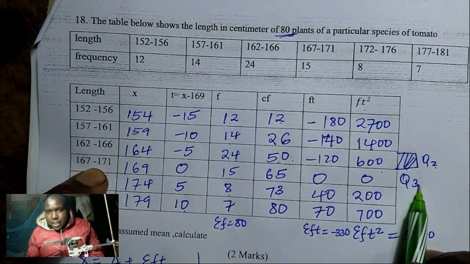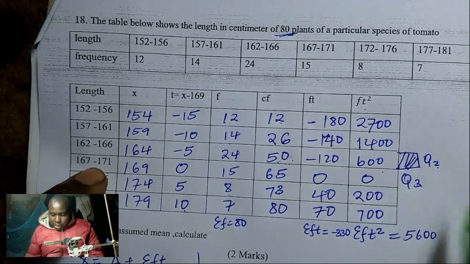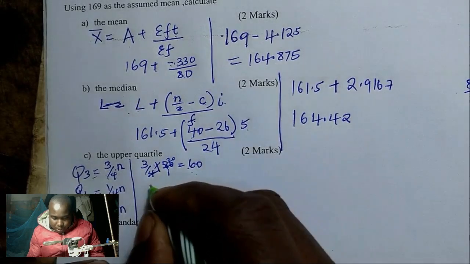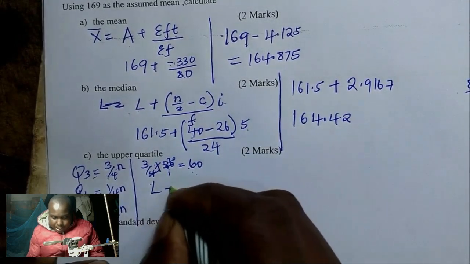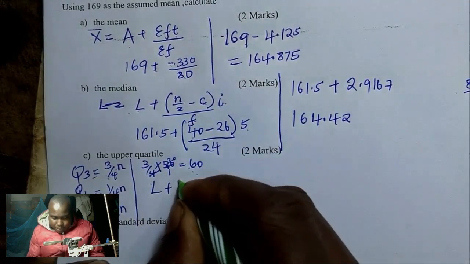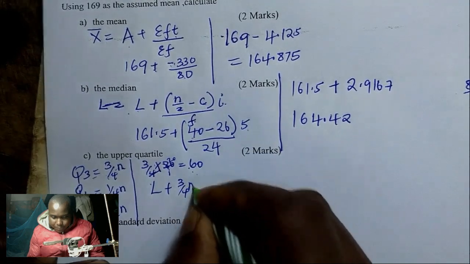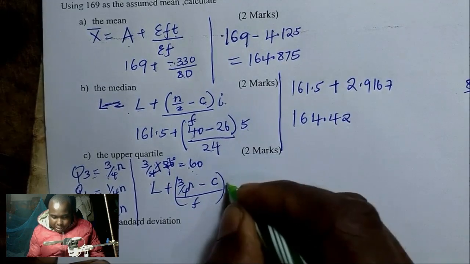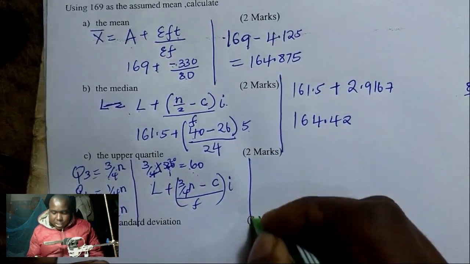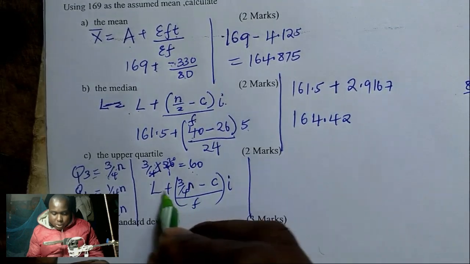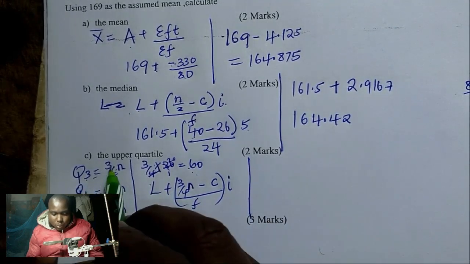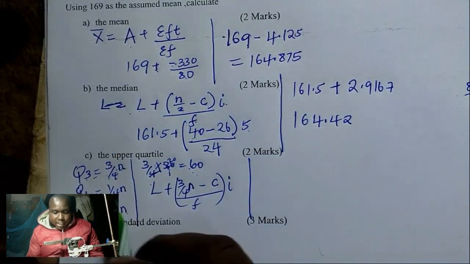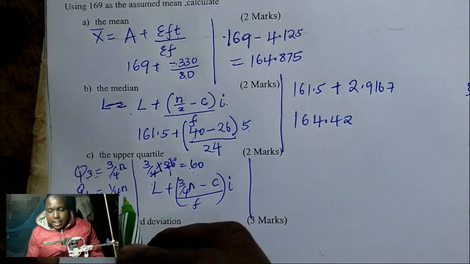Are we together? Yes. So what now? The formula is the same as this one. So we are going to have L plus 3 over 4n minus C over frequency times I, right? The difference is that the upper quantile is found by 3 over 4n, the median by half n, and the lower by 1 over 4n.